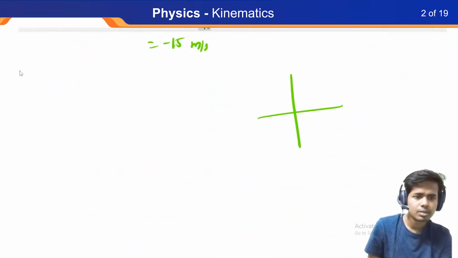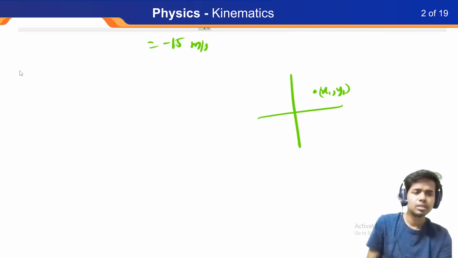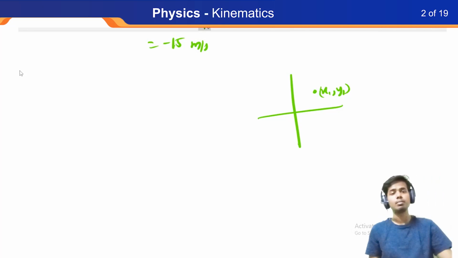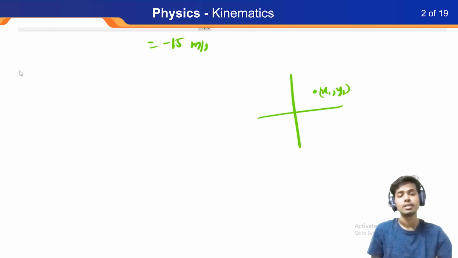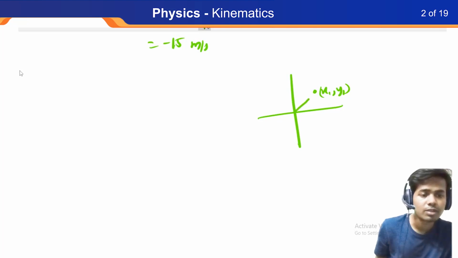If this is the point, let's say x1, y1, then the point with respect to some particular fixed point will give me a position of this point, right? By convention we use this as the 0 point as the reference.